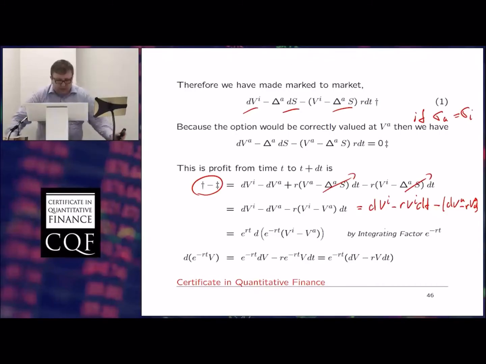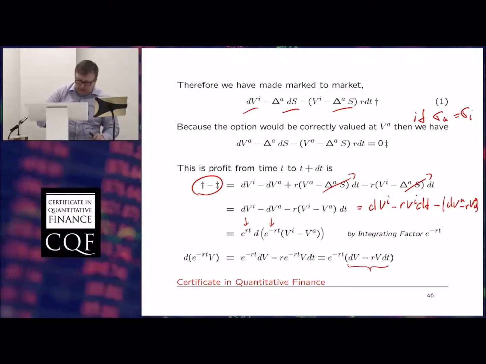Okay, so I observe that, and with the help of the integrating factor, I know that every time I see something like dVi minus r dt, I can fold it as d of the discounting factor times V. If I pre-multiply it by the integrating factor, and in this case you see I pre-multiplied it, and then to cancel it out I multiplied it by e to the power of rt outside the bracket.